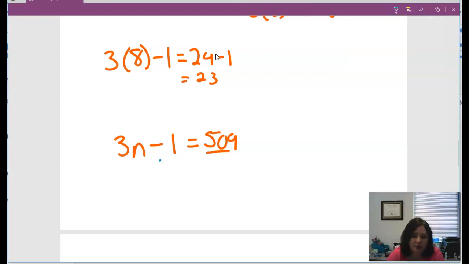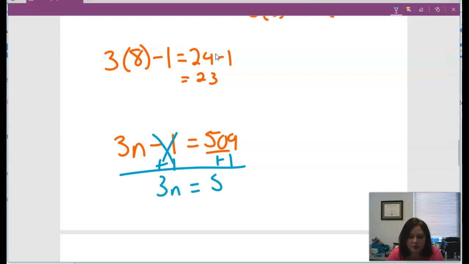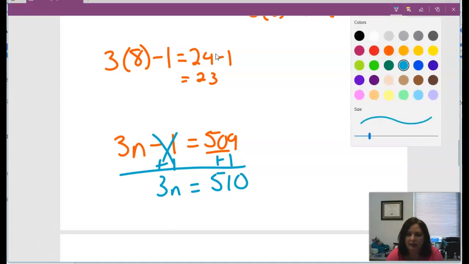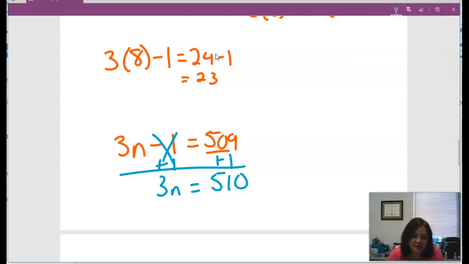And so I'm going to come over here. To get rid of this 1, I'm going to add 1 to both sides. That way these will cancel out, leaving me with 3n is equal to 510. And then I'm still trying to find the n by itself, so I'm going to divide, because this is multiplied, and the opposite of multiplication is division.